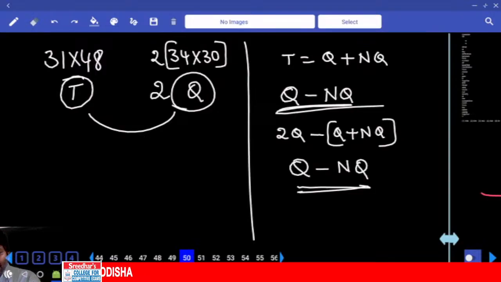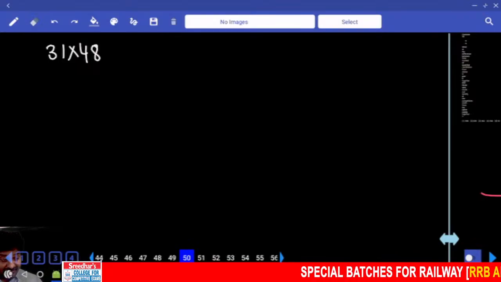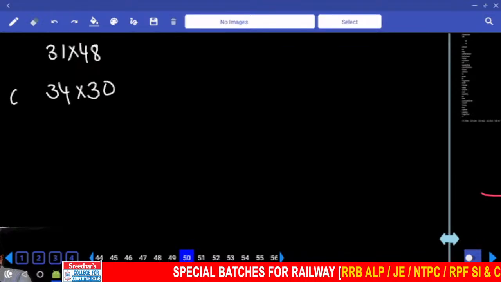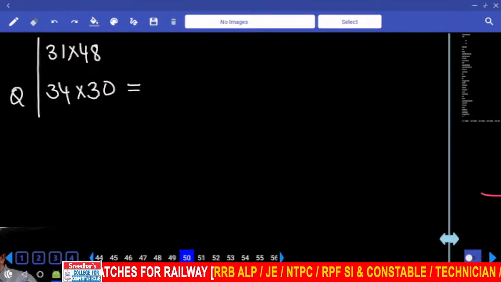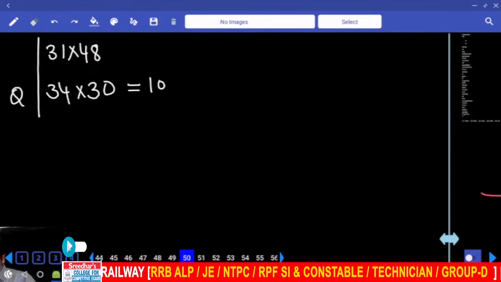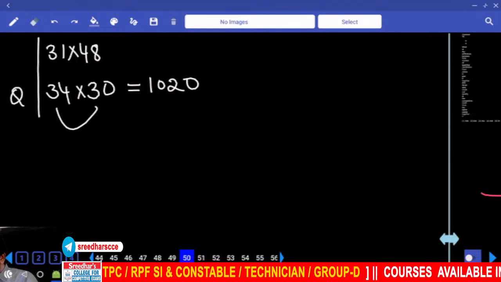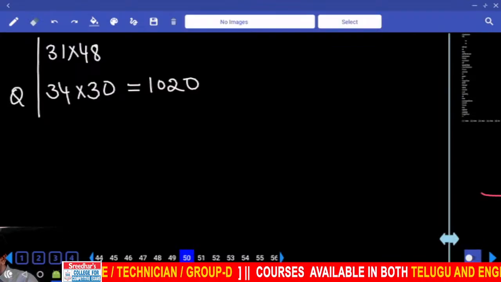Normally, 31 into 48, what is the other value? 34 into 30. These are qualified people. We will get the number 1020. 33s are 90, 4 3s are 12, 90 plus 12 is 102, and then 0.